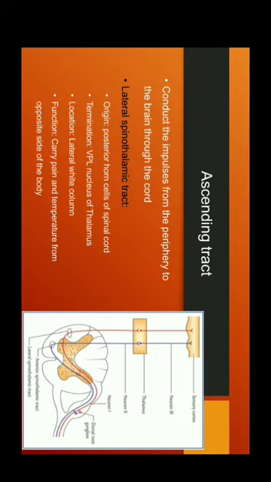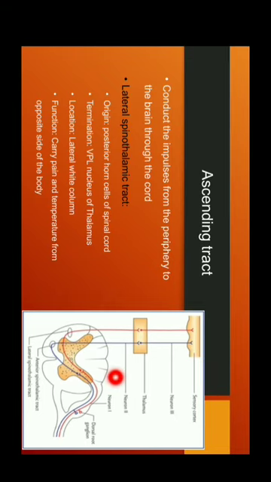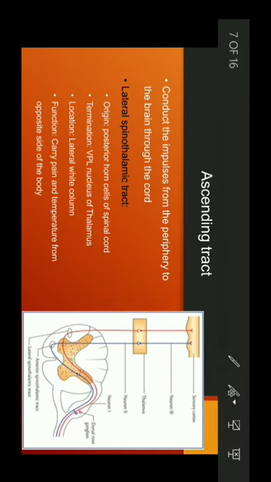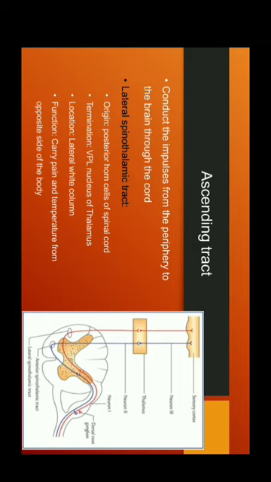Now, there is a condition called syringomyelia, in which the central canal is dilated and it damages the neural tissues surrounding the central canal. When the neural tissue surrounding it gets damaged, it also damages the tract which crosses to the opposite side, in the region of this anterior white commissure.